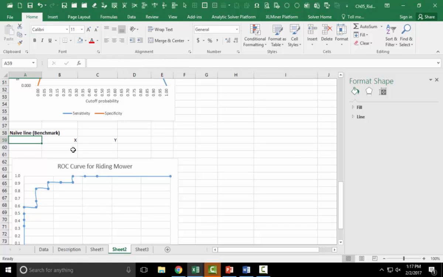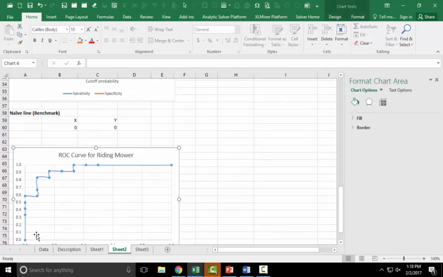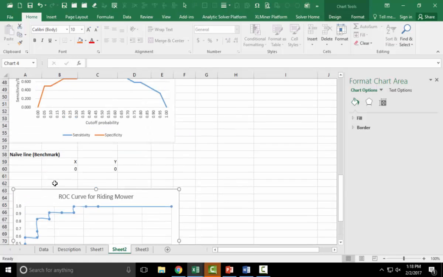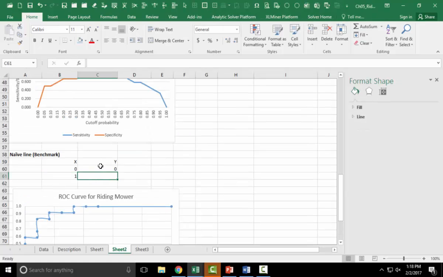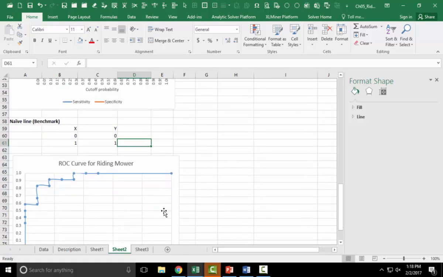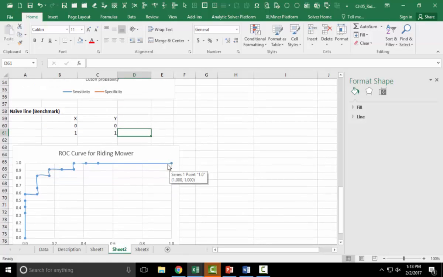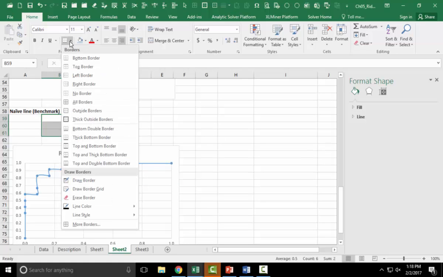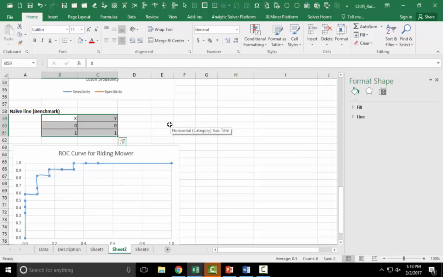So it should go from x equal to 0 and y equal to 0, which is from there, to x equal to 1 and y equal to 1, which is there. So this is going to give us the diagonal line.